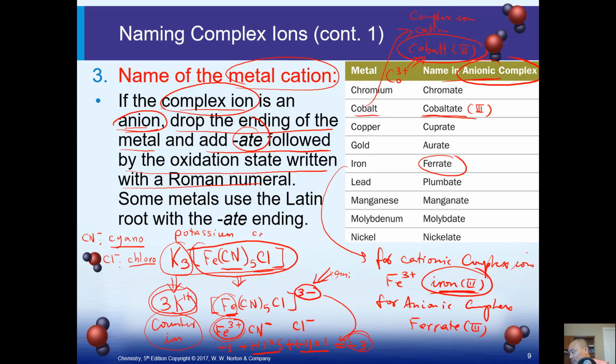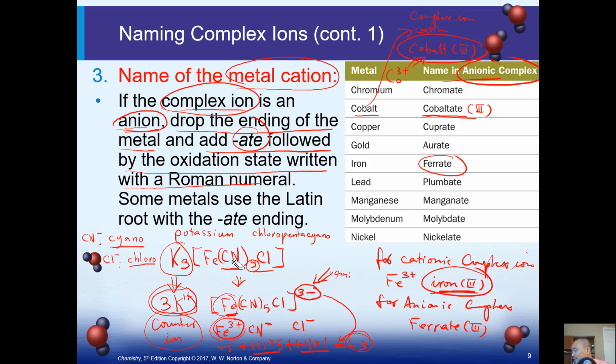So it will be chloro. Then you have 5 cyanide. Notice that we do not say monochloro, simply chloro. So 5 cyano means it's pentacyano. And then we need to name the iron here.